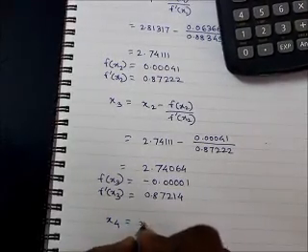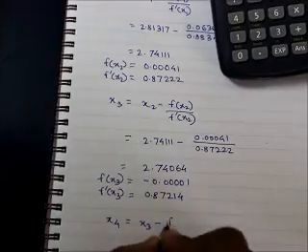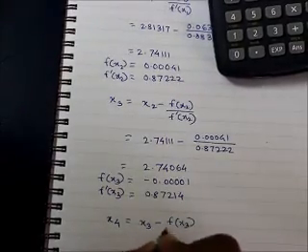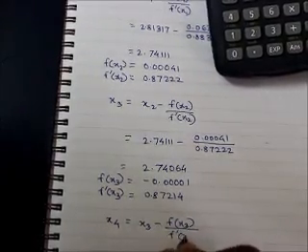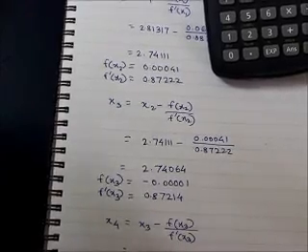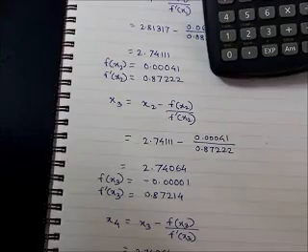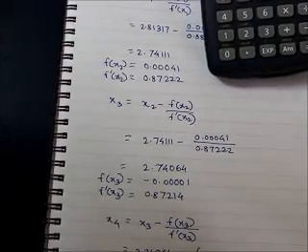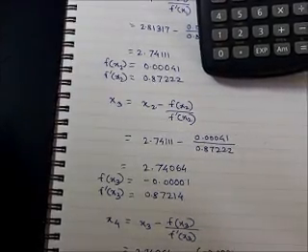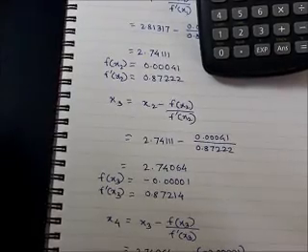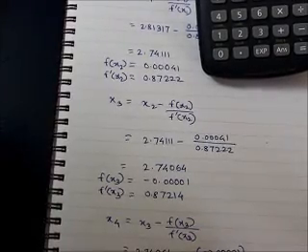which is equal to x3 minus f(x3) upon f dash of x3, which is equal to 2.74064 minus 0.00001 divided by 0.87214.